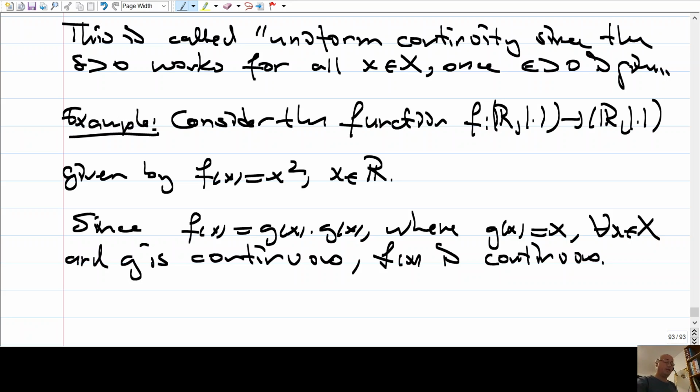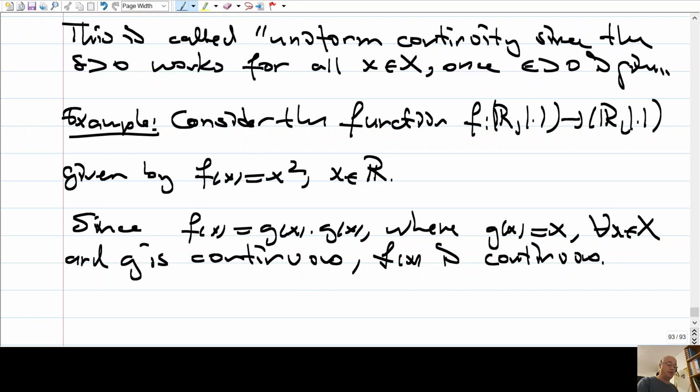By the way, actually I didn't prove something like this, right? If I have two continuous functions from R to R, then their product is continuous. But what does this result from? It results from the limit definition, right? If g has a limit, then g times g has a limit, therefore f will have a limit.